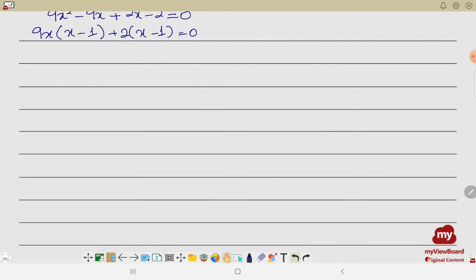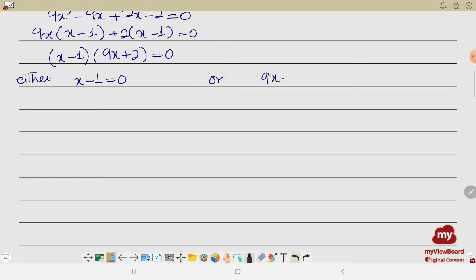Let's solve it further for the value of x. Here we have x minus 1 and 9x plus 2. We got two factors, so we'll equate these two factors one by one to 0. So x minus 1 equals 0, and 9x plus 2 equals 0. We are having x equal to 1 and x equal to minus 2 by 9.